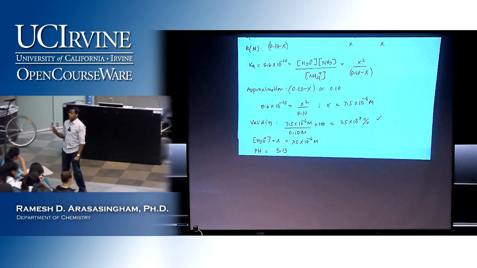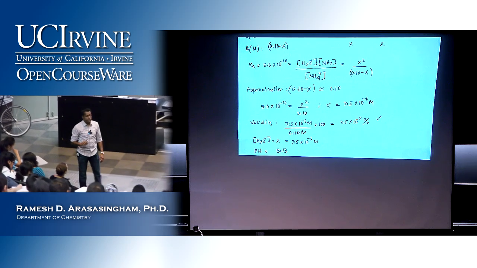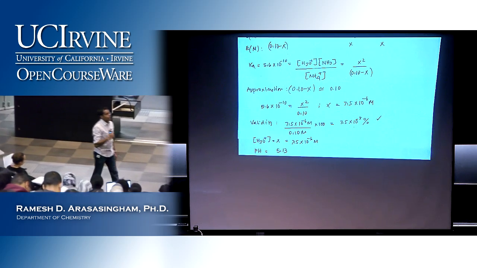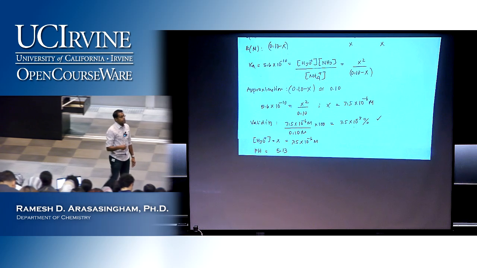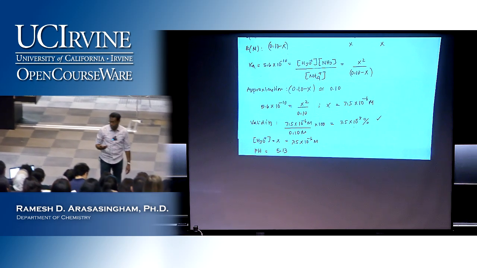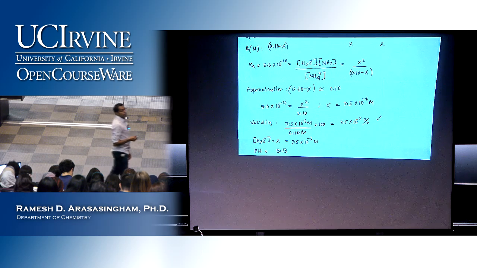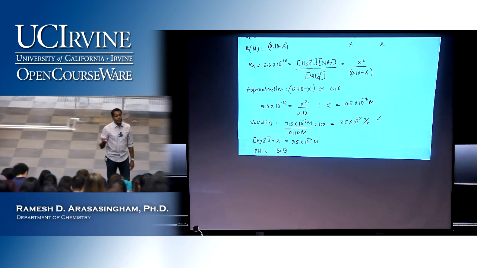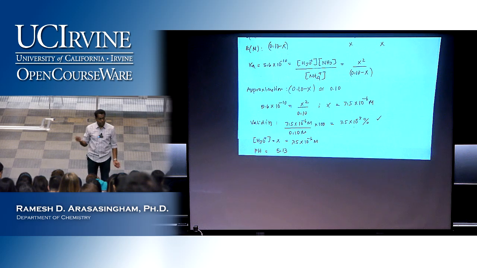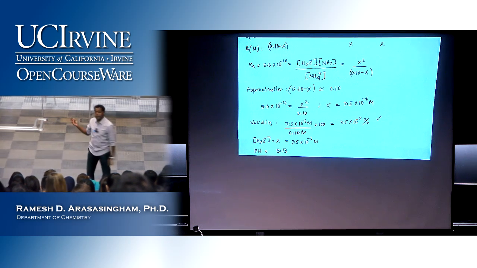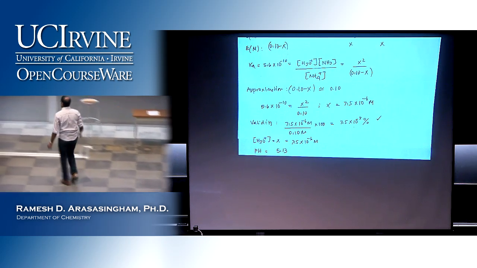Now ask yourself, remember our presumption at the beginning was that this is the conjugate acid of a weak base, therefore it has to be acidic. When the solution has a pH of 5, is it acidic or basic? Acidic. So we know that it's in line with our prediction.